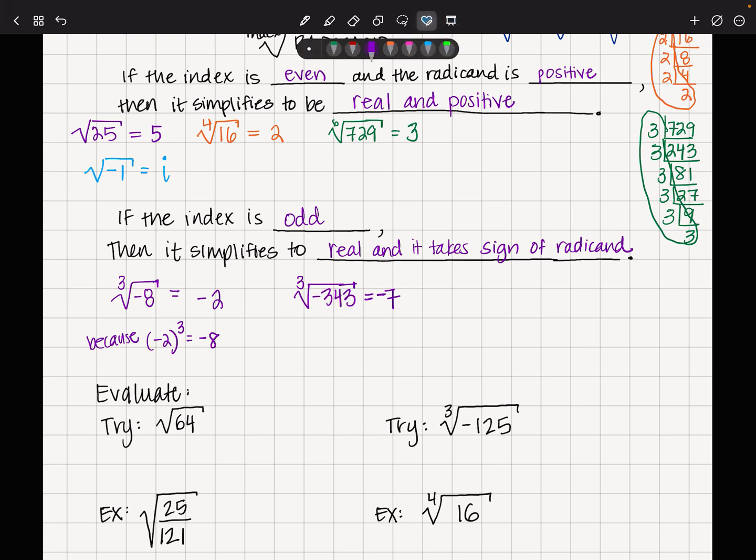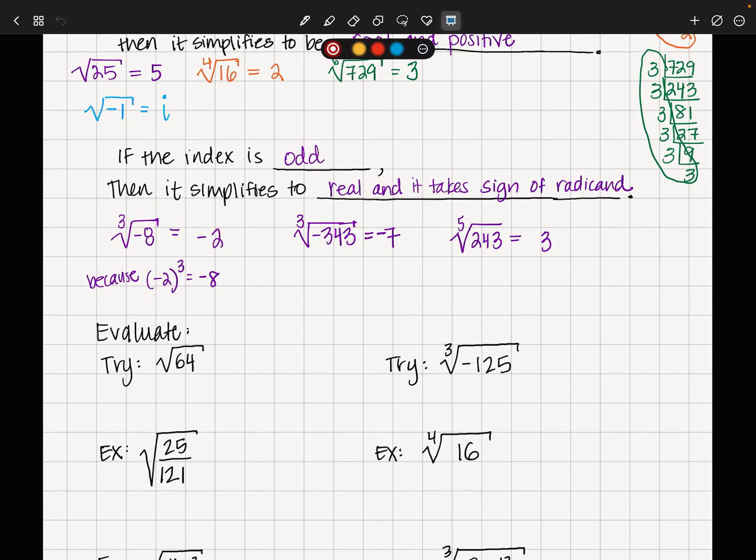And now let's do the fifth root of 243. The fifth root of 243 is going to be +3, and positive because the radicand is positive, and because a positive times itself 5 times will get you back to that 243.